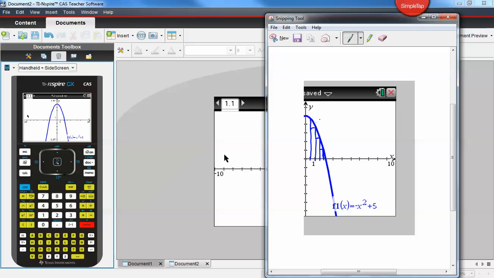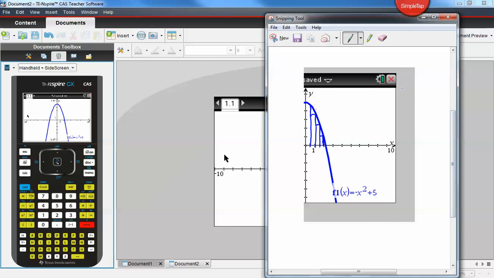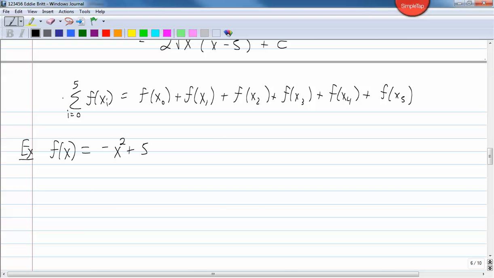If you find the area of the rectangles where you go above the curve a little bit, that's called an upper sum. The upper sum is going to be an estimate, but it's going to be an upper estimate. So it's actually going to be larger than what you should get. Okay?